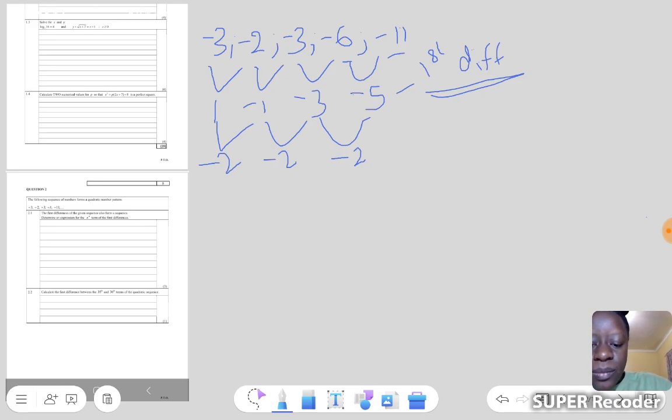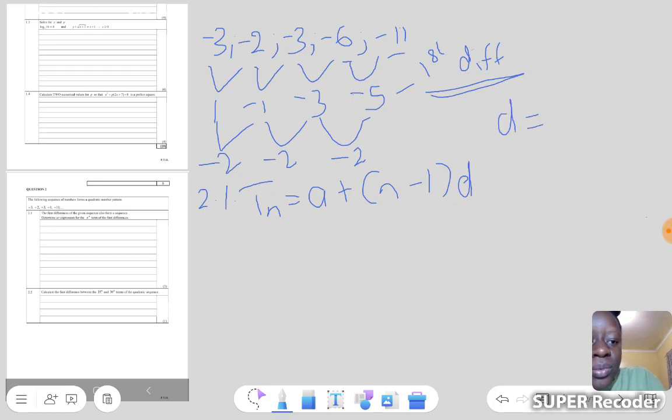So for 2.1, the general term for the arithmetic is Tn is equal to a plus (n minus 1) times d, and our difference we know is -2, and a is 1.